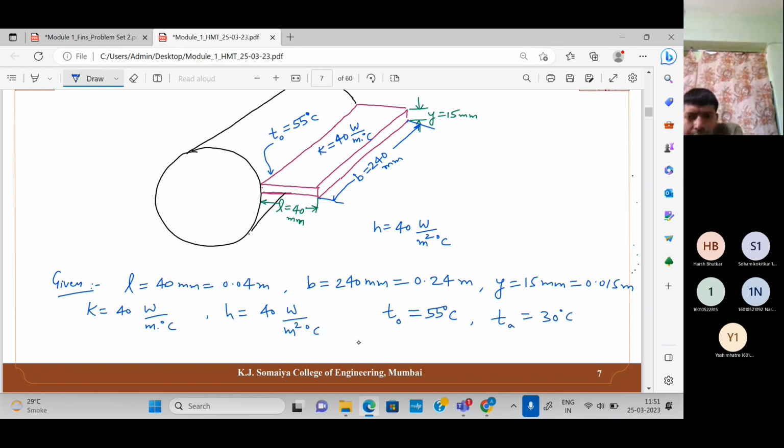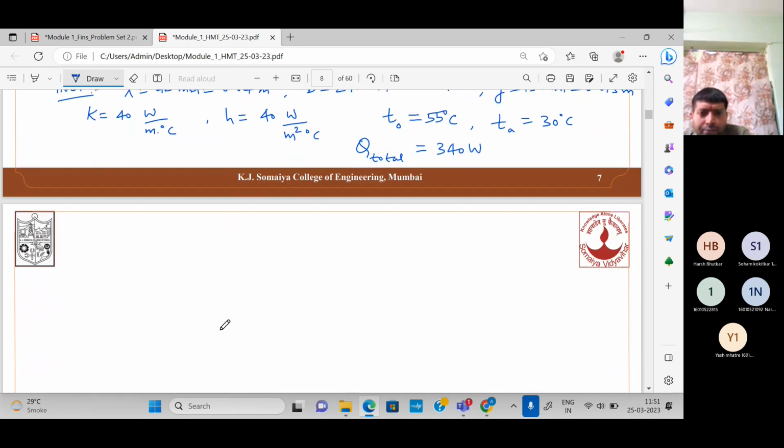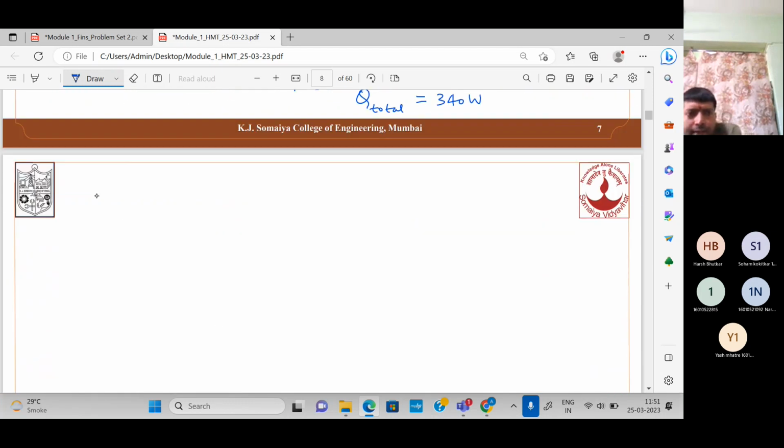The total heat Q total is given as 340 watt. So here we can assume case 3. Case 3 is: fin is having finite length and losing heat at the tip by convection.